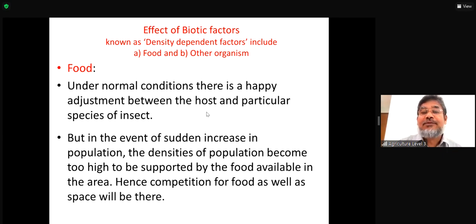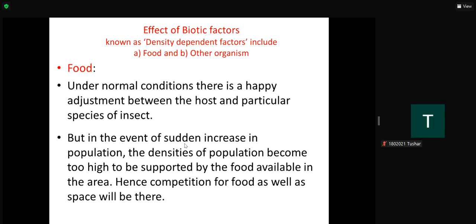So two types of competition: one for space, another for food. These situations may also affect the life of insects. When food is again in scarcity, insect survival will be affected.